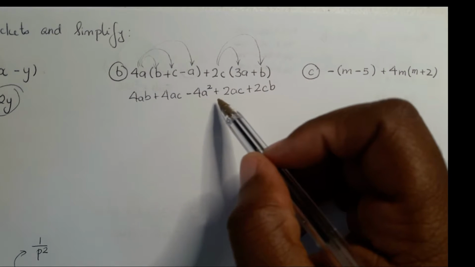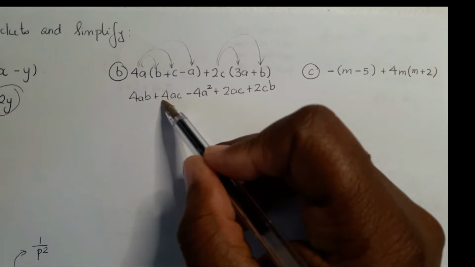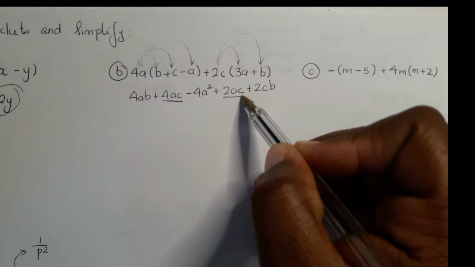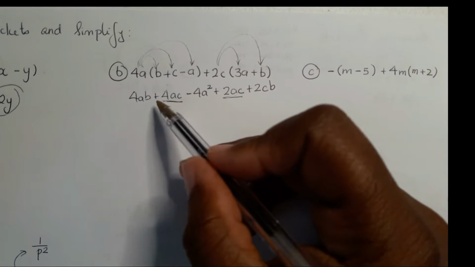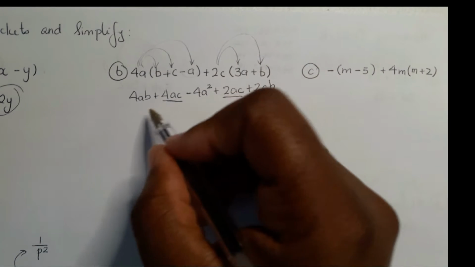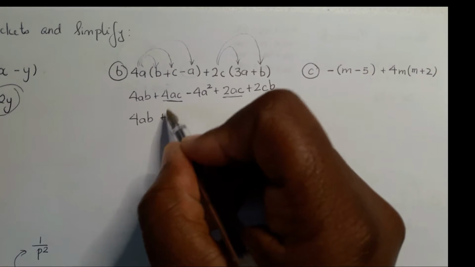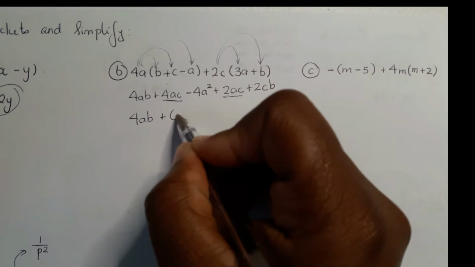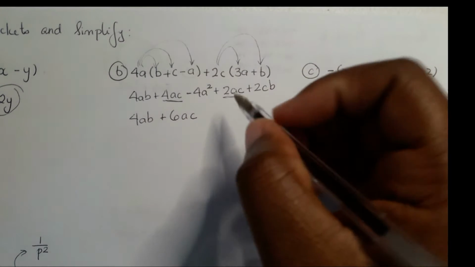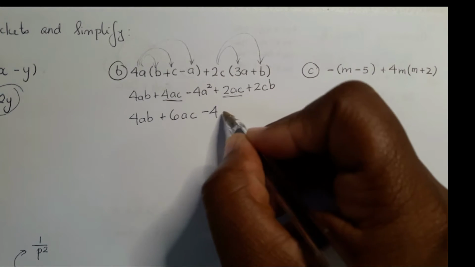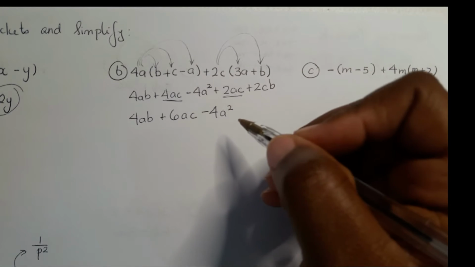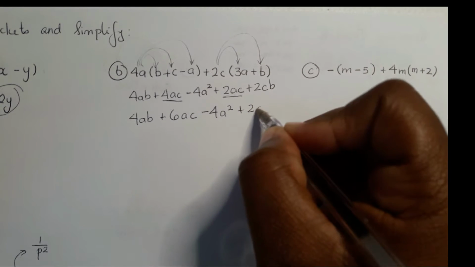Do we have anything matching? I can see this and this are matching because we have ac. Anything else? No. So 4ab plus this and this add together will give you 6ac. And then we say minus 4a squared plus 2cb.